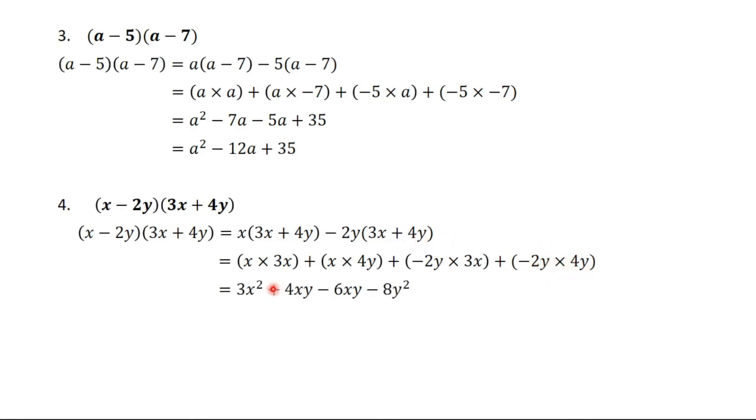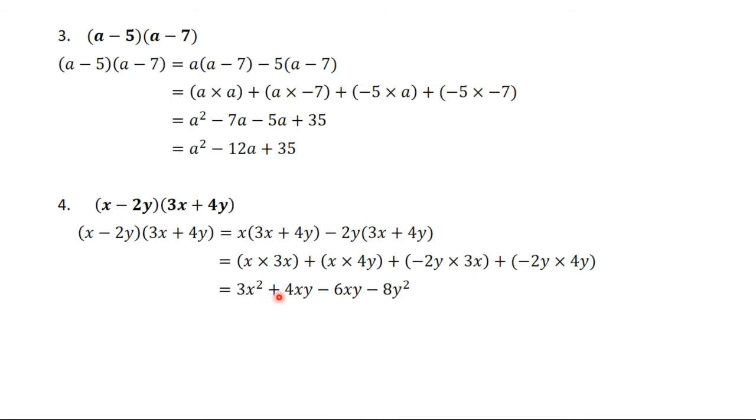From multiplications of algebraic expressions, we have come to see that x times 3x is going to give us 3x squared. Then when we come here, we have x times 4y giving us 4xy. Minus 2y times 3x is going to give us minus 6xy. Then minus 2y times 4y is going to give us minus 8y squared.